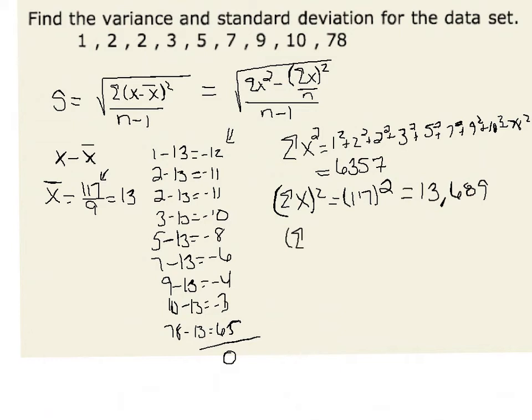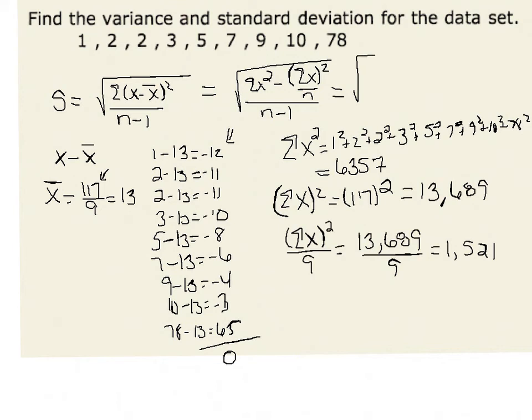Therefore, the sum of our x's, all squared, divided by n, where n is equal to 9, is given by 13,689 divided by 9, which is 1,521. Now we're ready to put this information into our formula for our standard deviation.